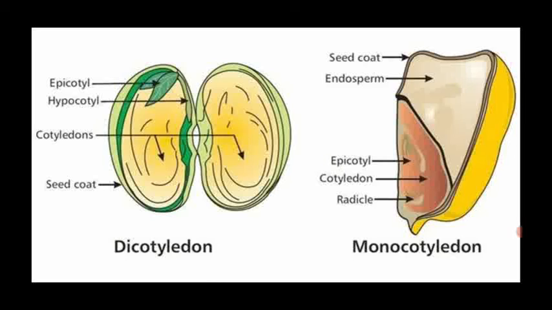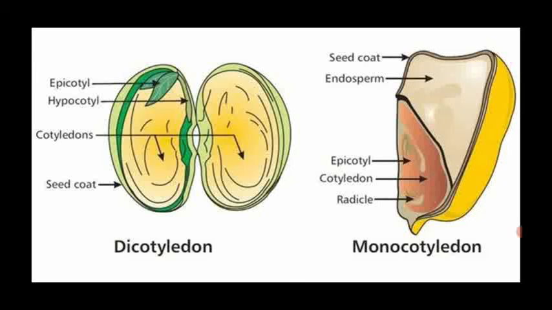But in the monocotyledon, they are having only one cotyledon, which absorbs nutrition from the endosperm and passes it to the growing embryo via epithelial tissue.